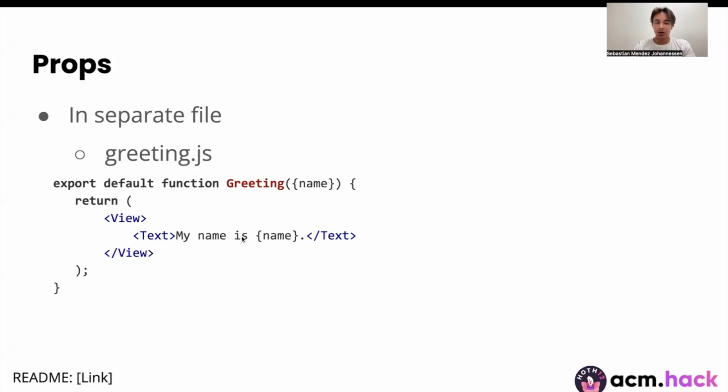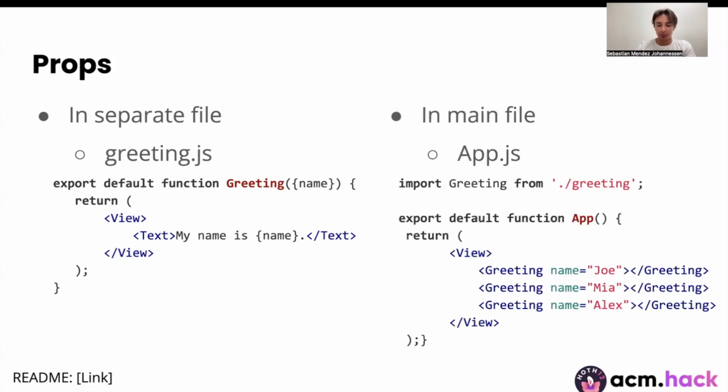To use this in our main file, the app.js file, inside of each component declaration, we would add a value for each of our props. So here I've just used some example names like Joe, Mia, and Alex.